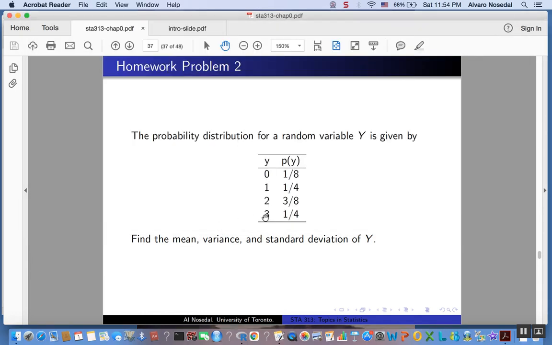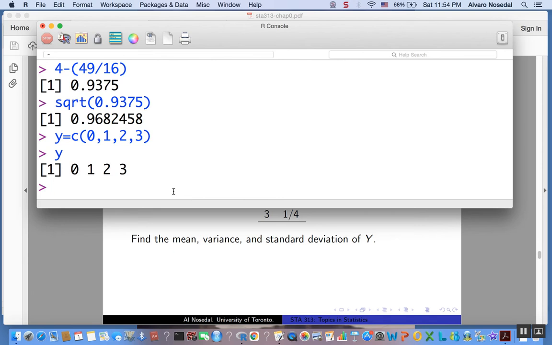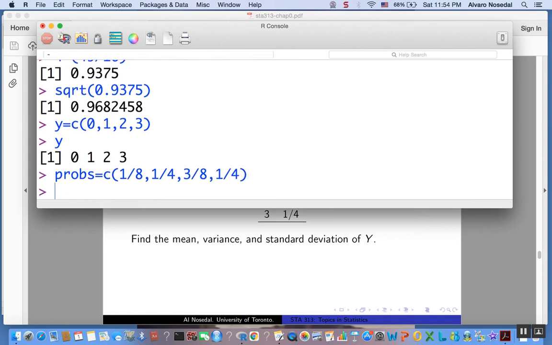It is what we want, right? 0, 1, 2, 3. Now we need 1 over 8, 1 over 4, 3 over 8, and 1 over 4. So let me call that probs, if you will, as in probabilities. Again, I'm going to be using that c function. Okay.